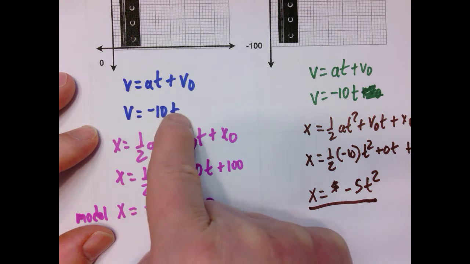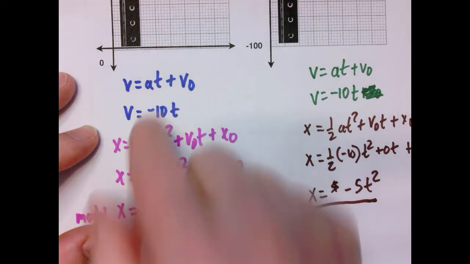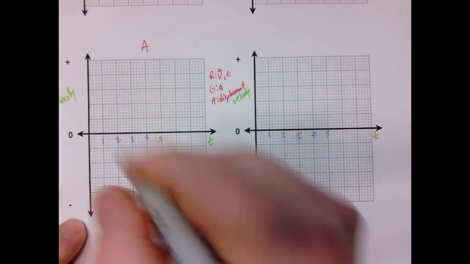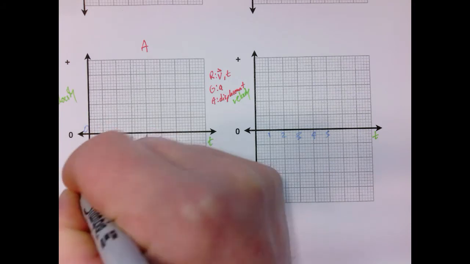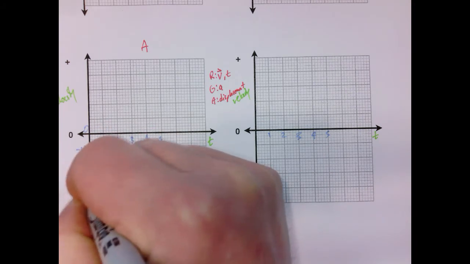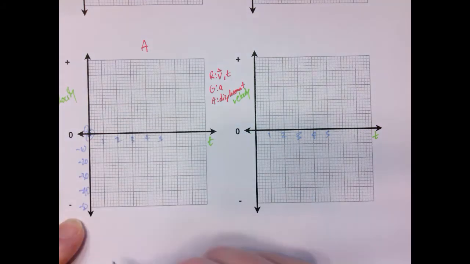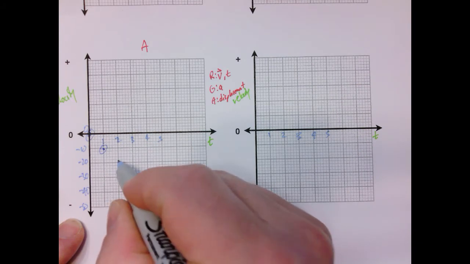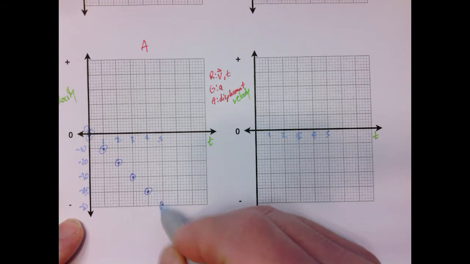At time 2, the velocity is negative 20. Time 3, the velocity is negative 30. So in contrast to the speed graph, at time 0, the velocity is indeed 0, but after 1 second, it's minus 10, minus 20, minus 30, minus 40, minus 50.